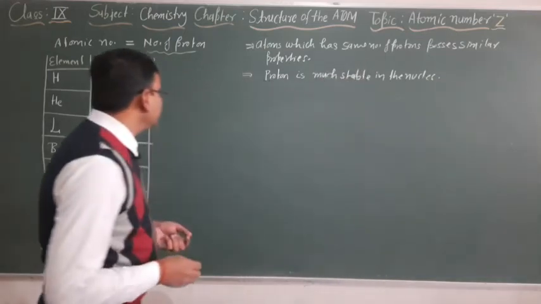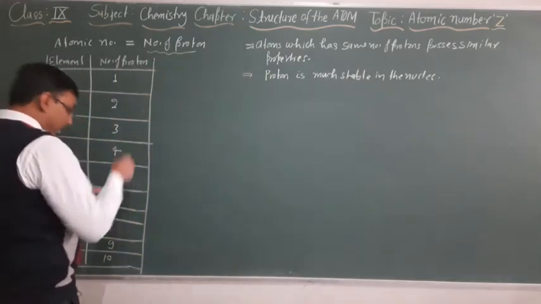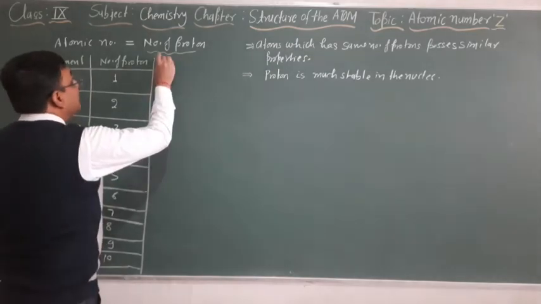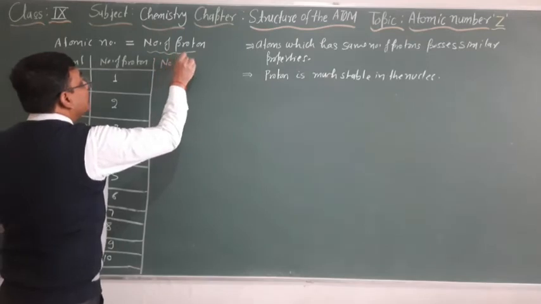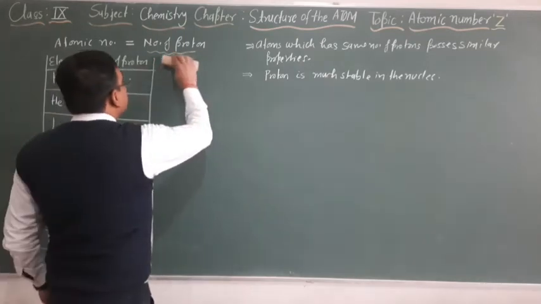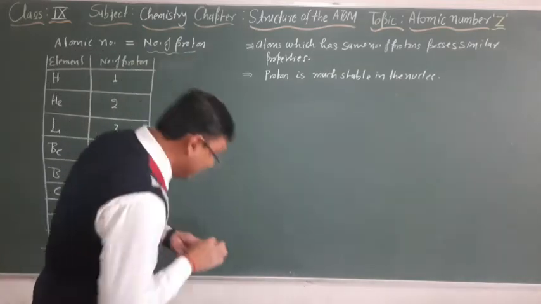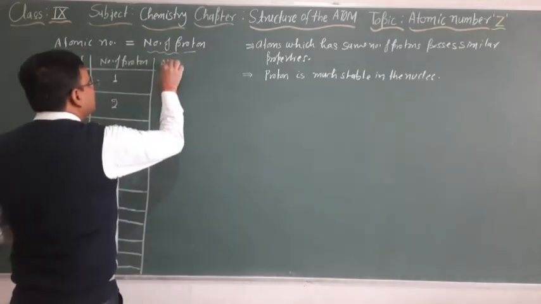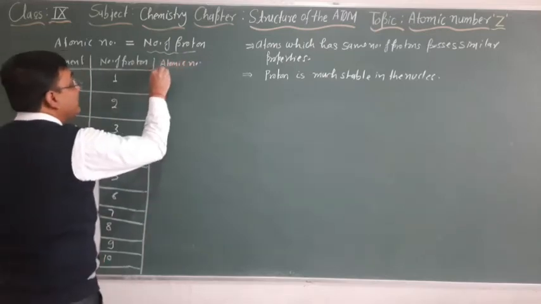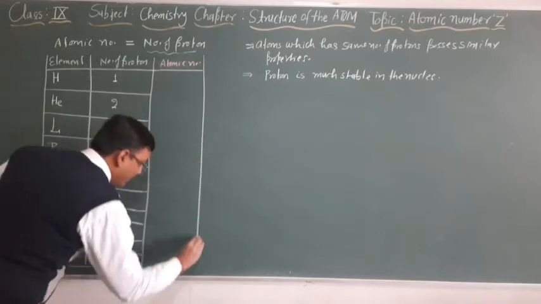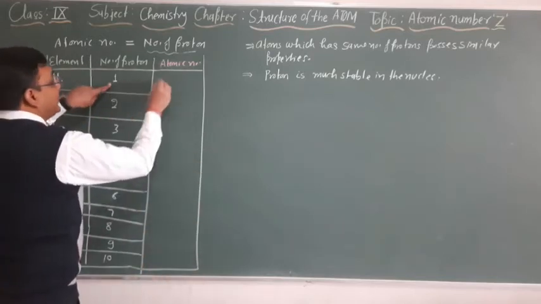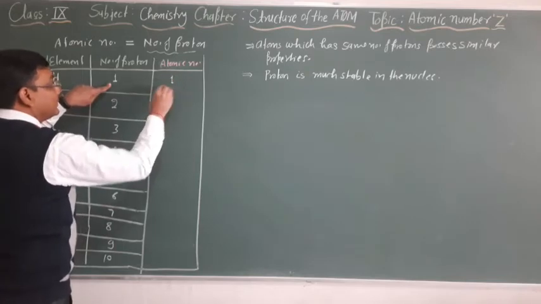Now here we can write the atomic number clearly. Hydrogen has number of protons 1, so what should I write for the atomic number? 1.